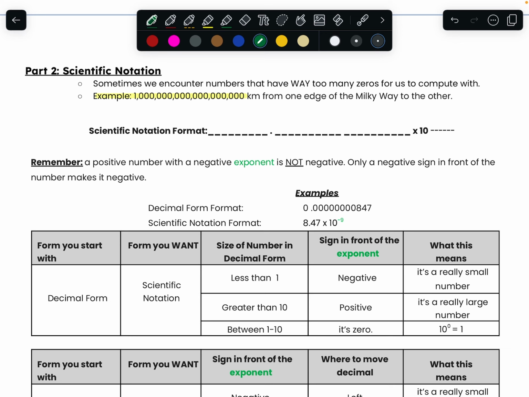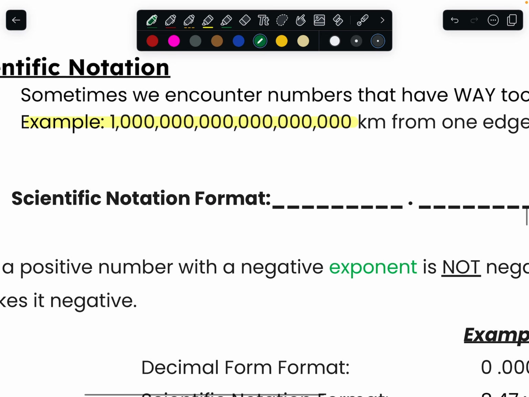So what you would do here is to write this number. I see that if I look at all of these zeros, there is approximately 3, 6, 9, 12, 15, 18 zeros. And my comma currently resides at the end of this number, though it's not written explicitly.